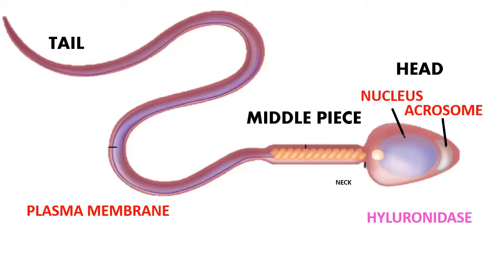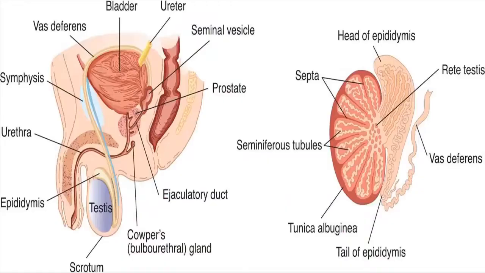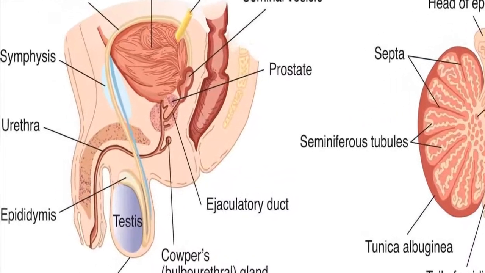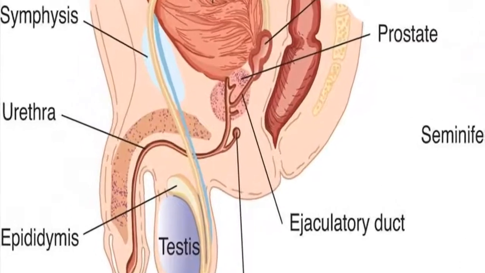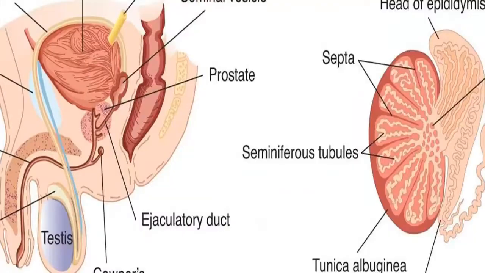A short neck connects the head and the middle piece, which comprises the centrioles. The middle piece contains the mitochondria, which provide energy for the movement of the tail. The sperm use their tails to push themselves into the epididymis, where they complete their development.